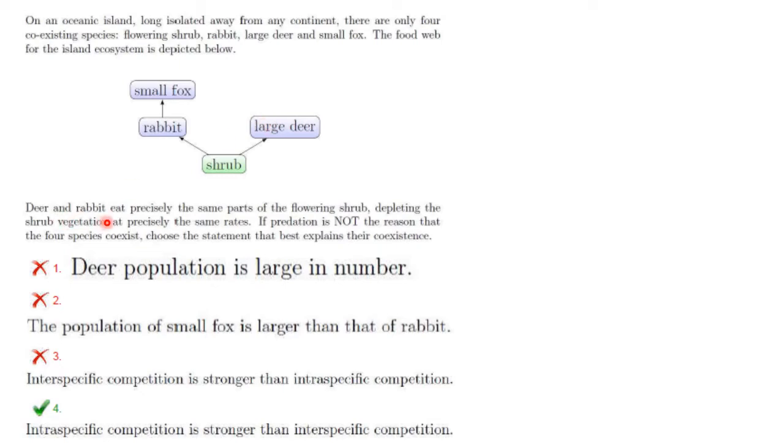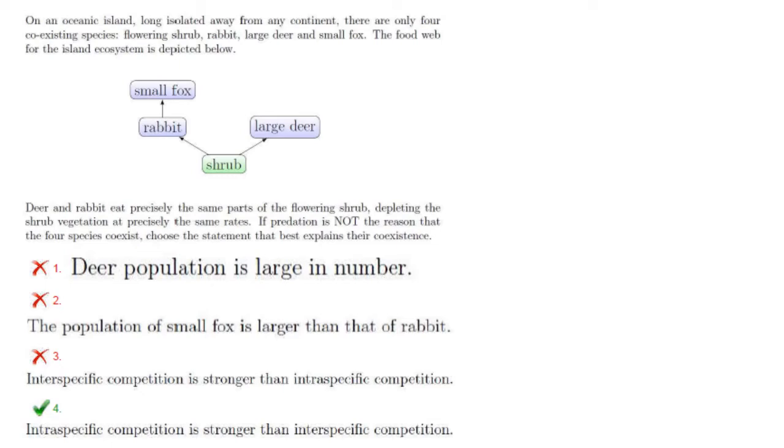Deer and rabbit eat precisely the same part of the flowering shrub, depleting the shrub vegetation at precisely the same rate. If predation is not the reason that the 4 species coexist, choose the statement that best explains their coexistence. So the option is intraspecific competition is stronger than interspecific competition.